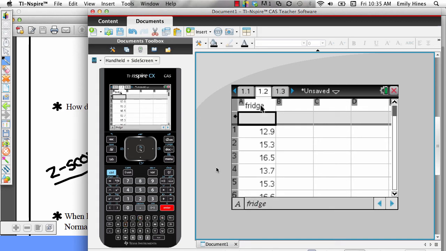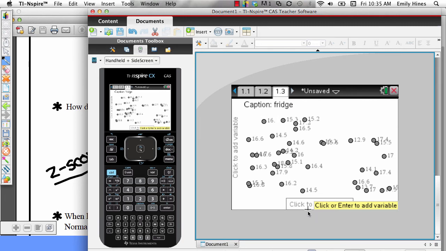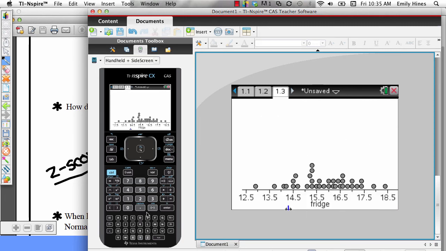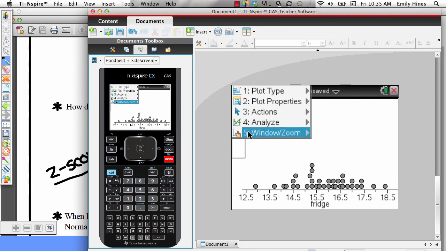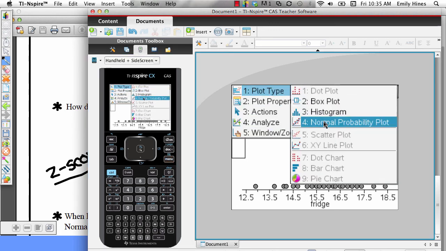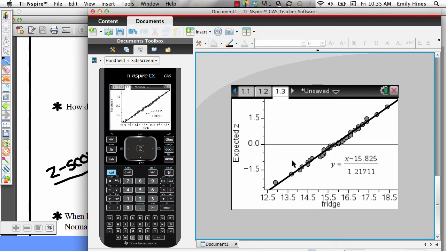Let's call it fridge since it's refrigerators. I'm going to tell it that I want to graph my fridge data. That's it as a dot plot, but I don't need a dot plot. So I'm going to hit menu and go to plot type, and I'm going to pick normal probability plot.